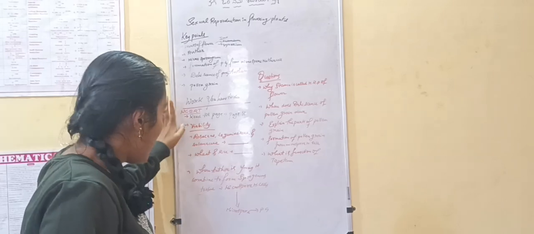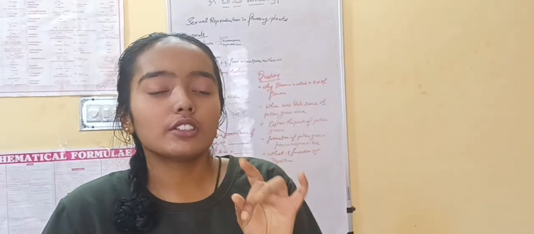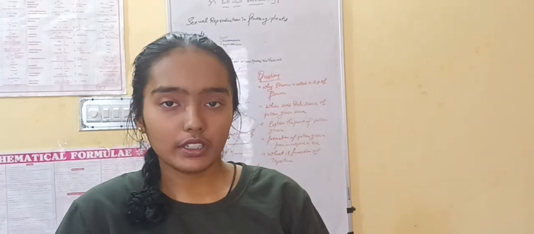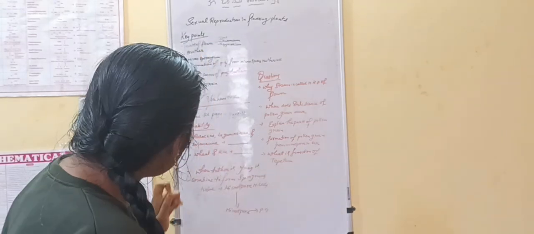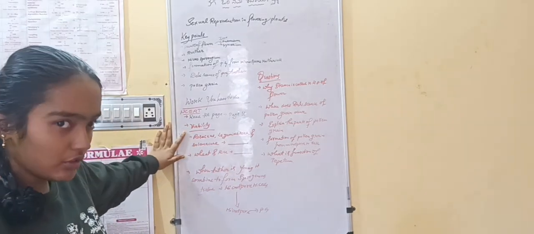Viability, I already told you, is the survival rate, that is, for how much time the pollen can survive. There are two questions I have already given.